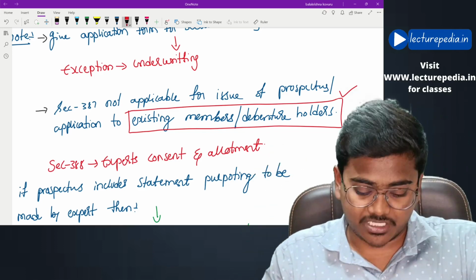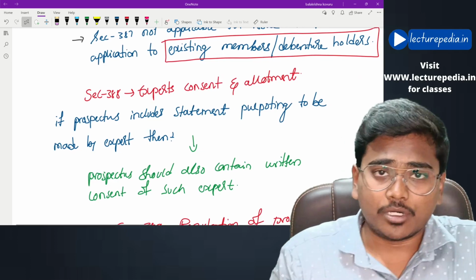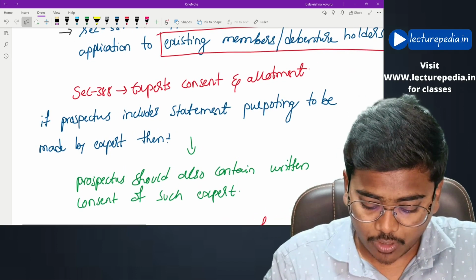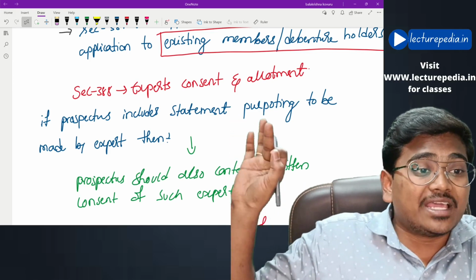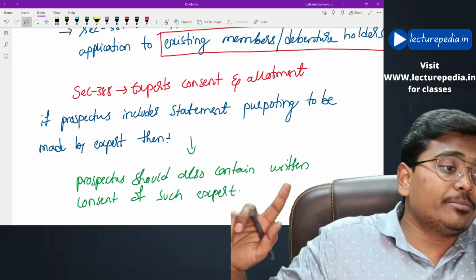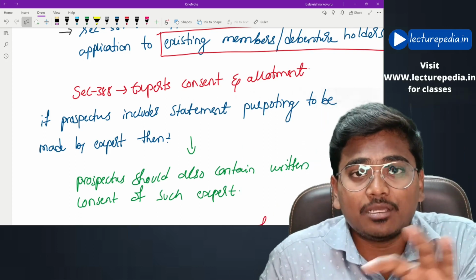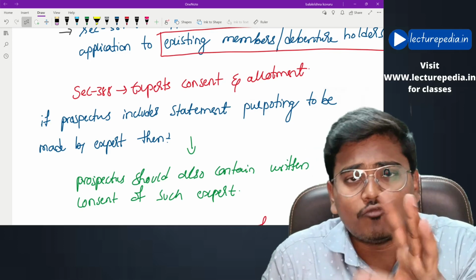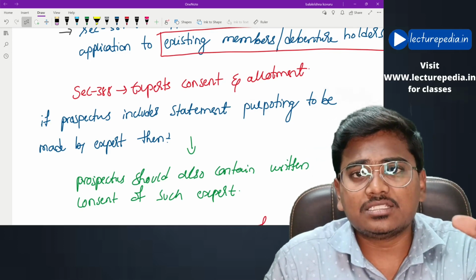Okay, next, section 388, even this also speaks of the prospectus only. What it says: in case the prospectus includes any statement purporting to be made by an expert, okay, let's say the prospectus includes a statement made by some valuer that the value of this asset is this much.